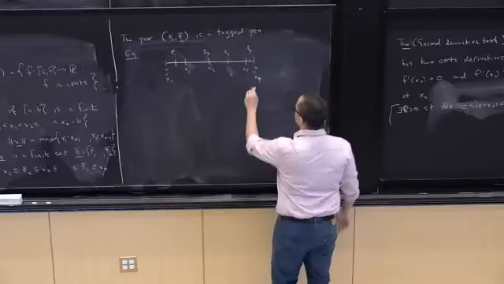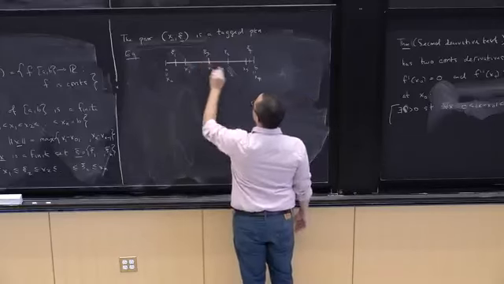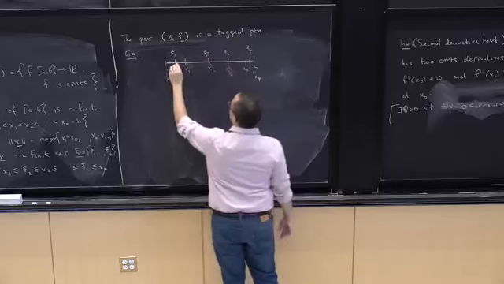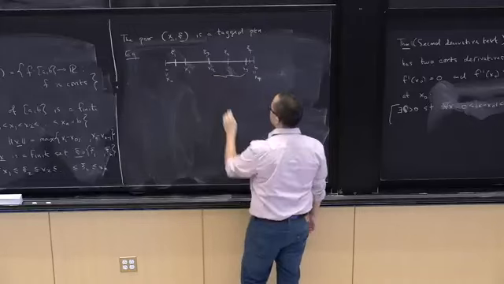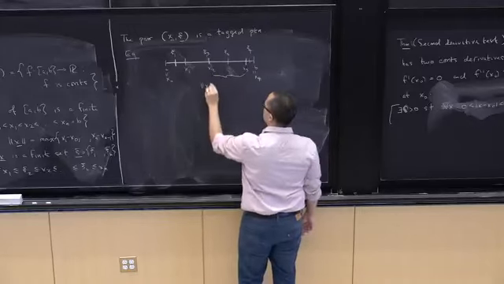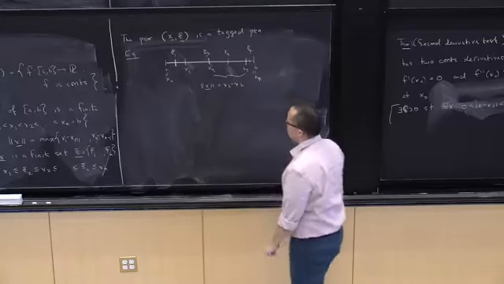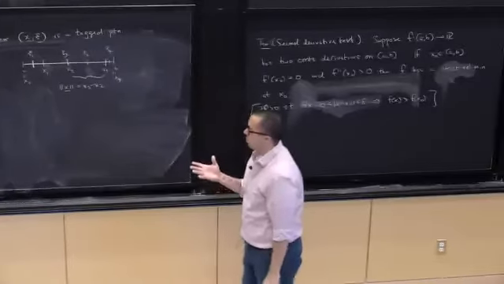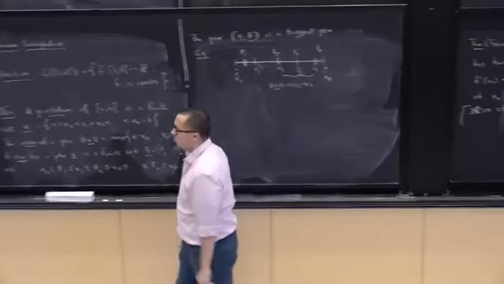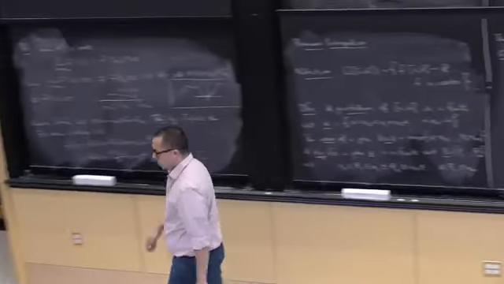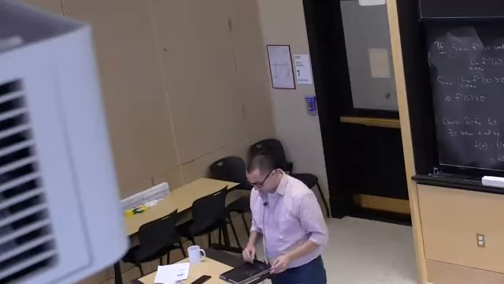And at least in this picture, the biggest separation between partition points would be something like x3 minus x2 here. Okay, so the norm of a partition is the length of the largest subinterval.